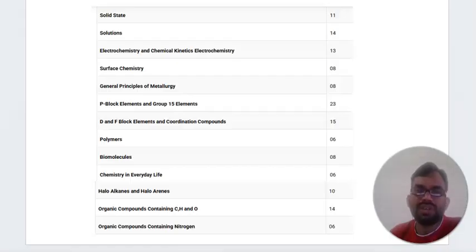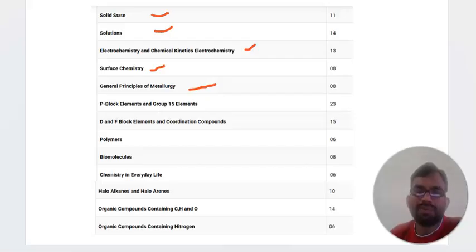The first topic is the solid state, the second is solutions, and the third is electrochemistry and chemical kinetics. The fourth is surface chemistry, and the fifth is the general principles of metallurgy.